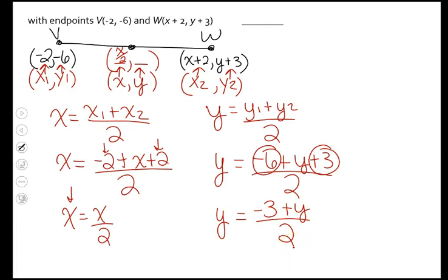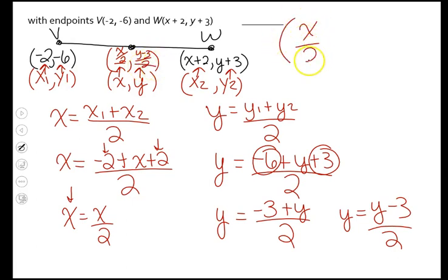Of course, I want my variable in the front, so y equals y minus 3 over 2. So my midpoint is x over 2 and y minus 3 over 2.